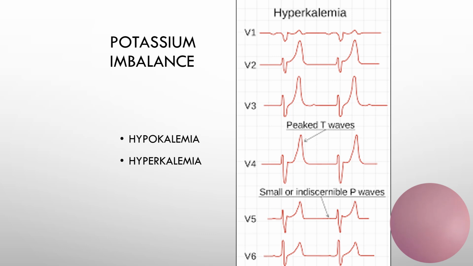And sodium polystyrene, or Kayexalate, is going to work in the bowel by exchanging sodium ions with potassium ions. So now we can excrete the potassium in the feces. So the big caveat there is we have to make sure we have good bowel function. We may also do peritoneal dialysis to help lower the potassium levels, or hemodialysis.